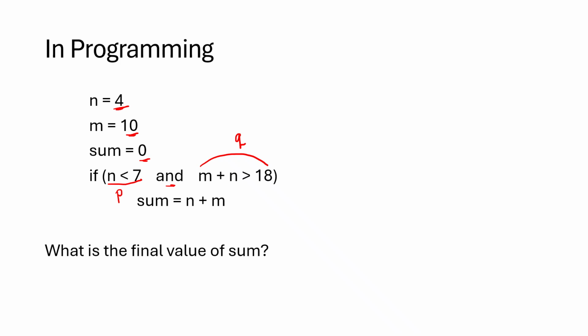Otherwise, sum remains unchanged. Now, what we need to do is figure out whether this compound proposition P and Q is true or false. What can we say about P? Is P true or false? P says n is less than 7, n is 4. Is 4 less than 7? Yes, it is. So this is true. Now, how about Q? Q says m plus n is greater than 18.